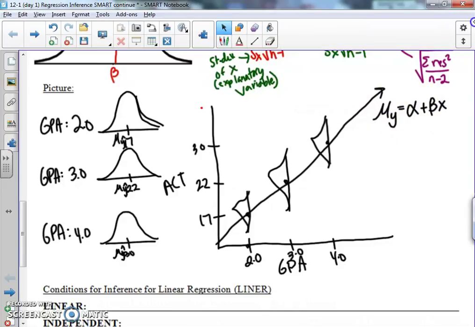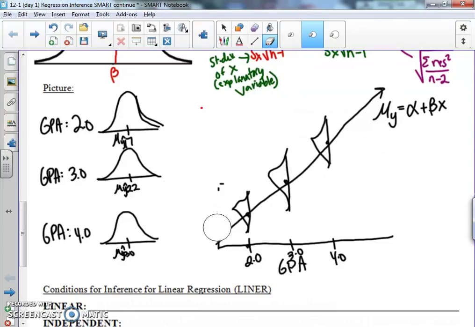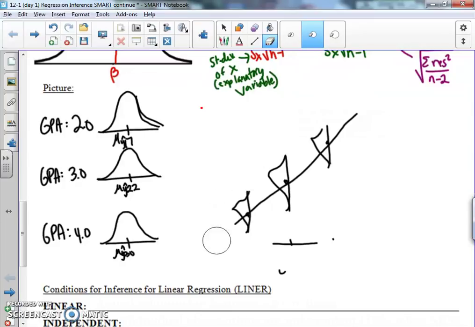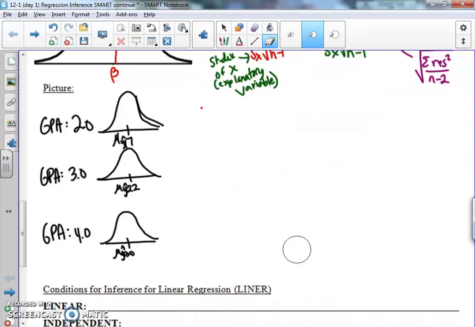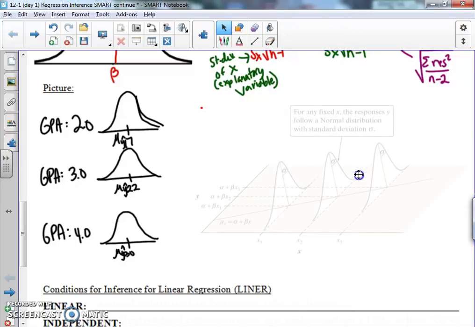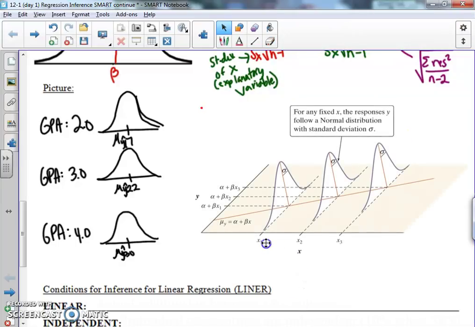Now, my picture is really ugly, so I actually do have one hiding underneath here. So let me erase this and show you the one in the book. That gives you a little bit better idea of what I was attempting to draw. All of these down here are your explanatory variables.